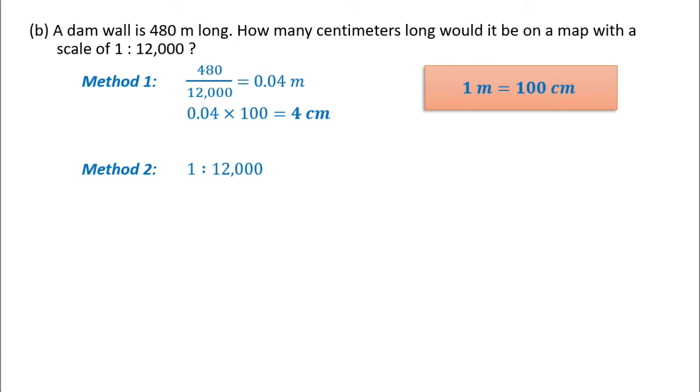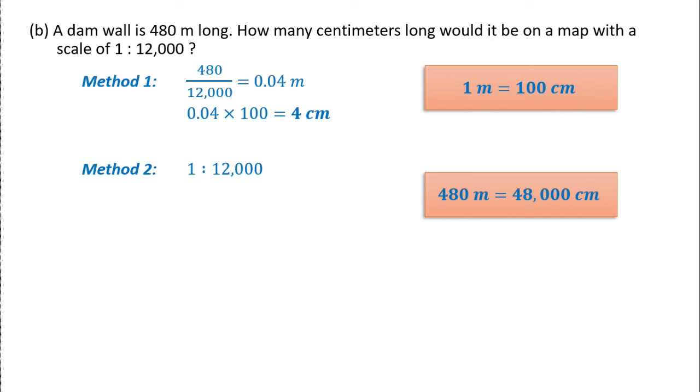But since the ratio must be in the same unit, 1 centimeter to 12,000 centimeters, we need to convert 480 meters to centimeters. 480 meters times 100 is 48,000 centimeters. So we use 48,000 centimeters to have the same unit as the ratio.